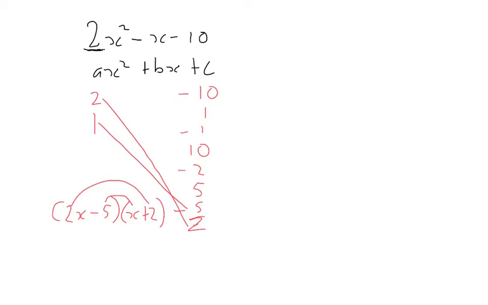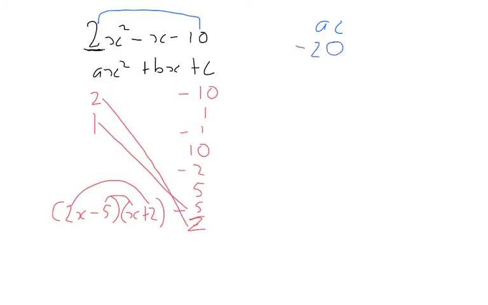Now that's very tricky, working out and getting all the factors. So I'm going to show you what's called splitting the x term. What we do is we get the a and the c, times that together and we get minus 20.